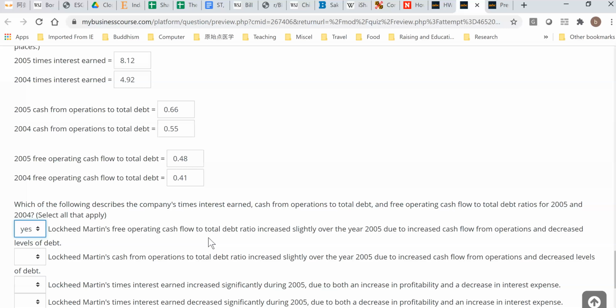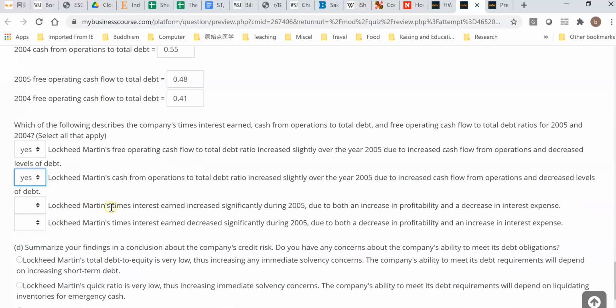The other items are all the same. But capital expenditure cannot explain the increase. And if you continue to read this sentence, it says due to the increased cash flow from operations and decreased levels of debt. So this is also correct.